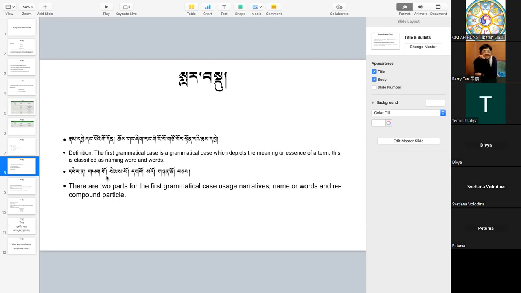We already have these punctuations. Why the recompound particle? That is the question that might arise. So, to establish the individuality. Whenever you're going to associate anything with the first grammatical case, please associate the word individuality, without being associated with any other word. And that's the characteristic of the first grammatical case.